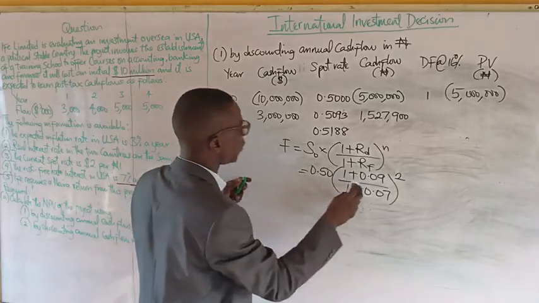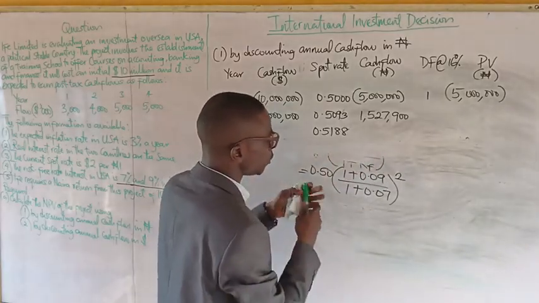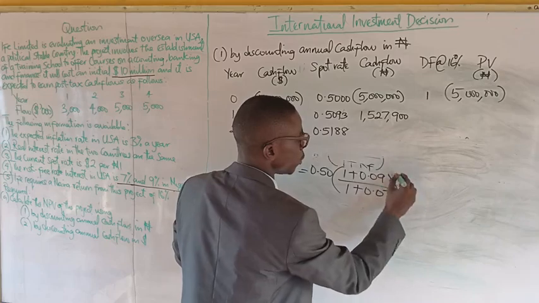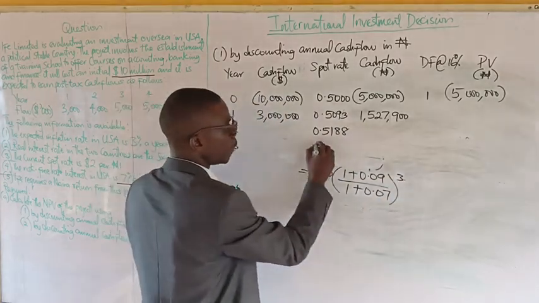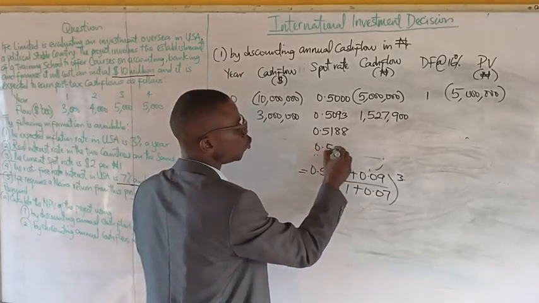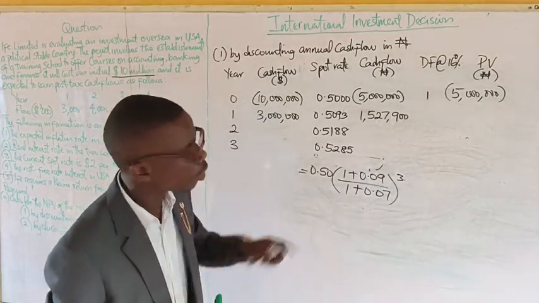For year 3, just change it to 3. Year 3 is 0.5285.